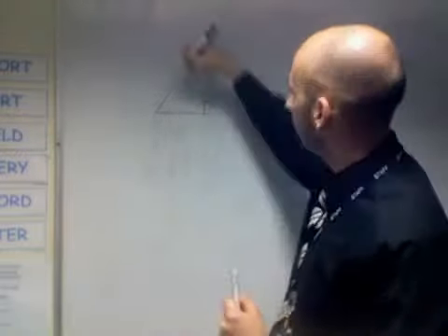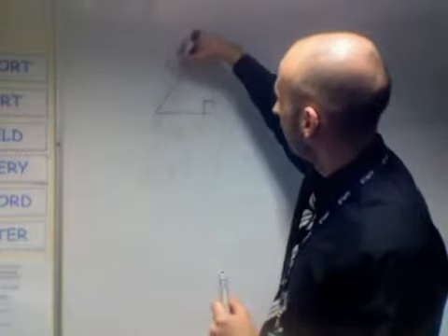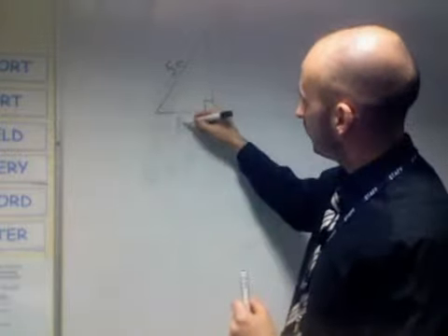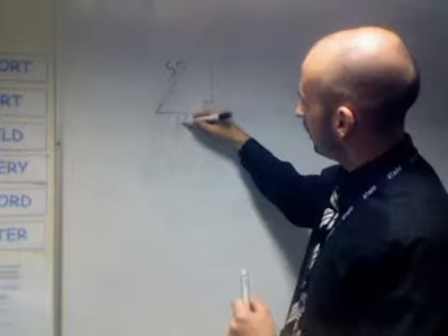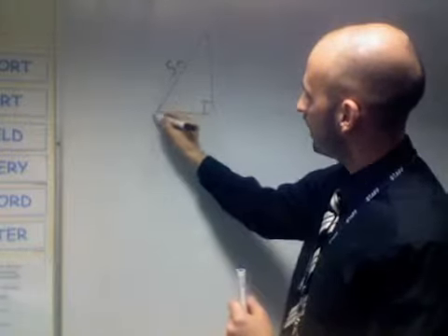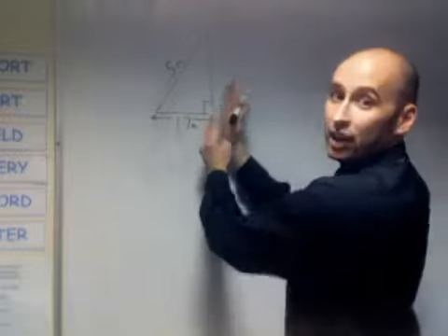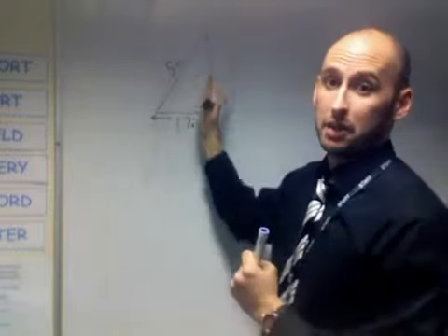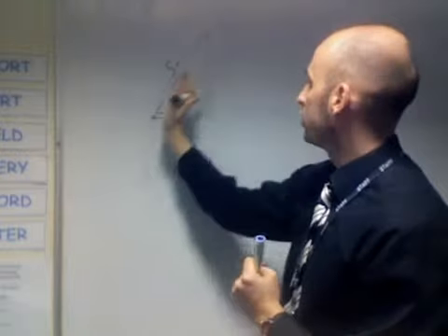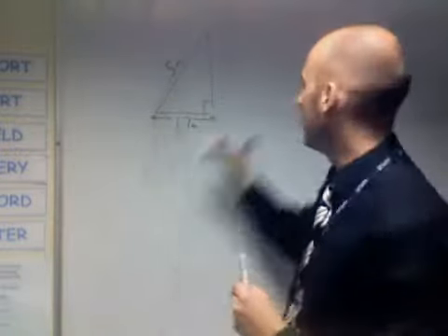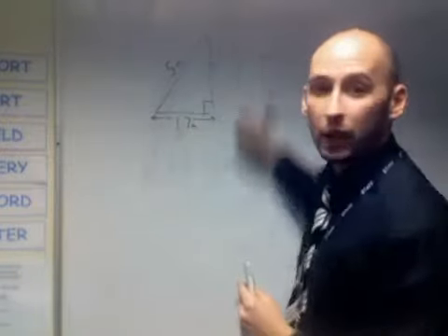It was a 5-meter ladder placed 1.7 meters away from the wall. Obviously you don't rest the ladder right up against the wall unless you're Spider-Man and go straight up. The question was asking, how high up that wall do you reach?